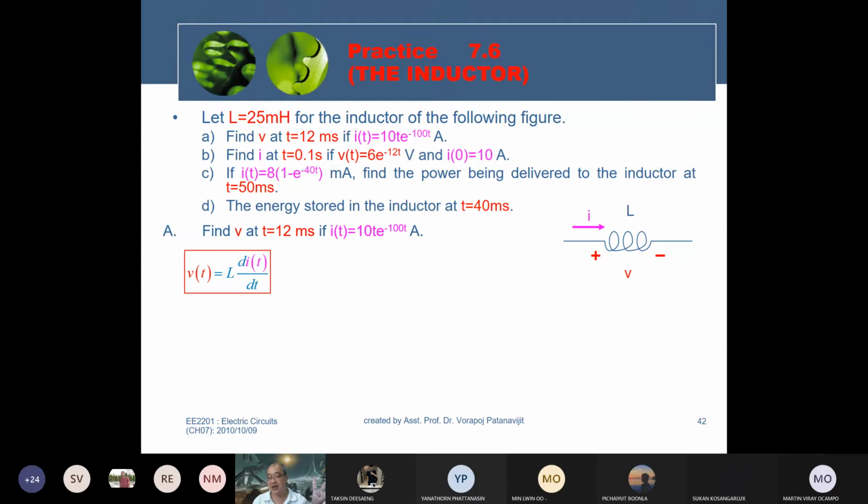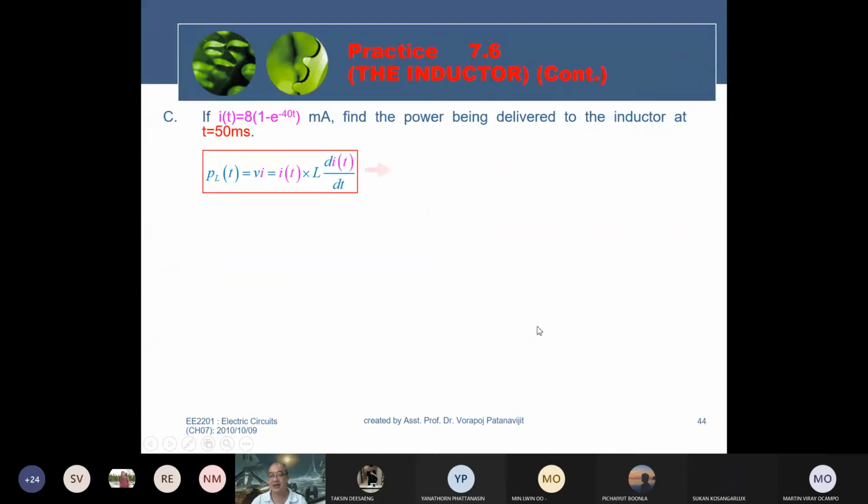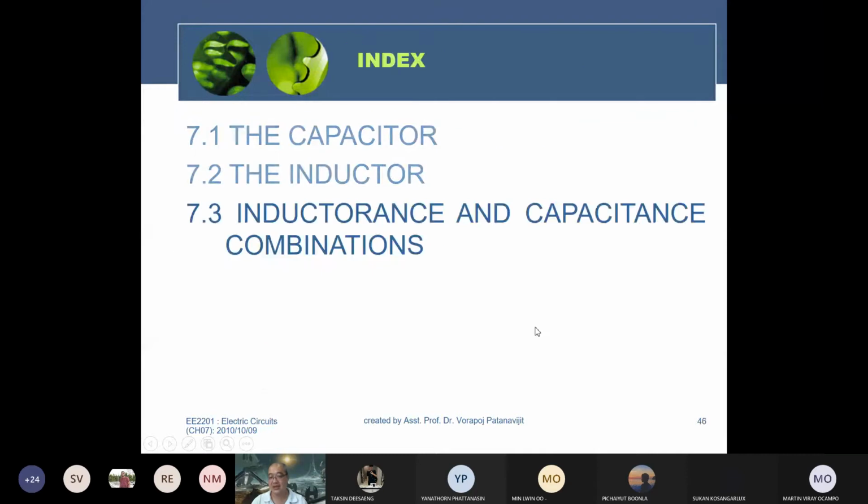If you know V, you can find I. If you know I, you can find V. If you know one of them, you can find the other one. Therefore, you can find power P equal to IV. If you integrate the power with respect to time, or find the closed-form equation, you can find the energy after that. This is the overall solution here.